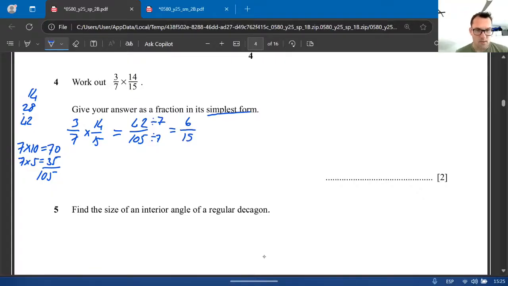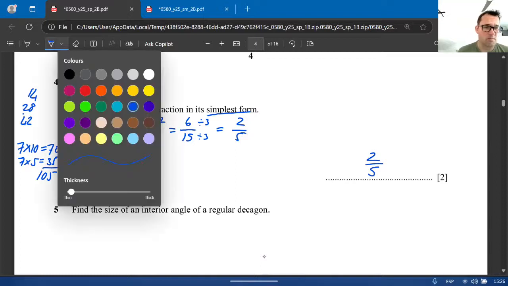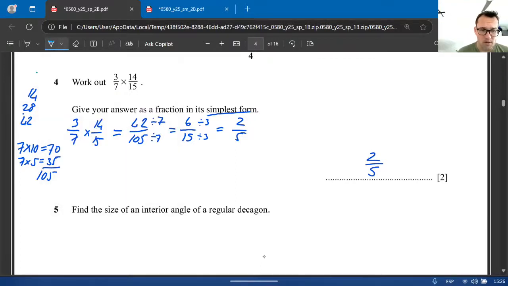I know that because 7 times 15 is 105, so 105 divided by 7 is 15. You see, we're starting to go a little bit in circles here. Okay, and then we can divide it by 3. So actually we could have divided by 21, which gives you 2 out of 5. Now, that's the correct answer, but you see, it was a bit lengthy. So there's a quicker way. A lot quicker, a lot easier.